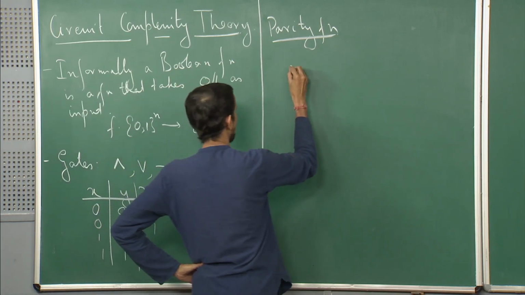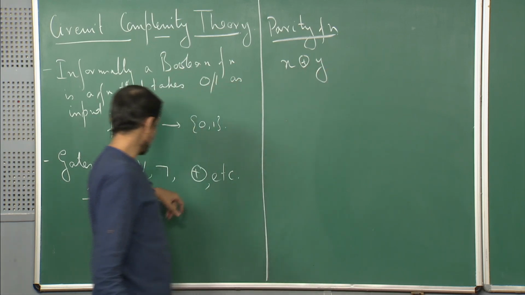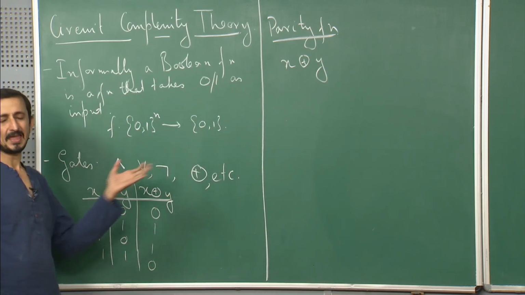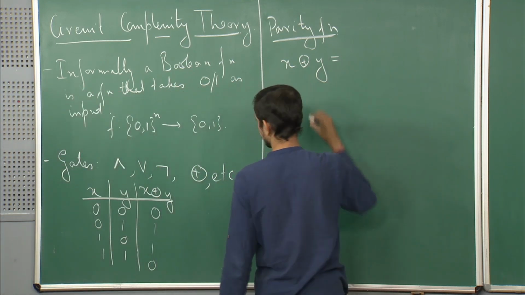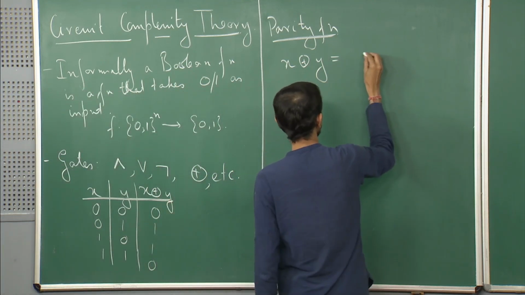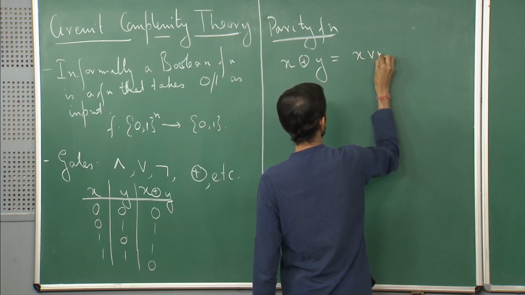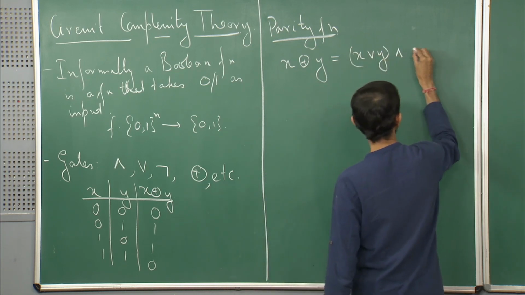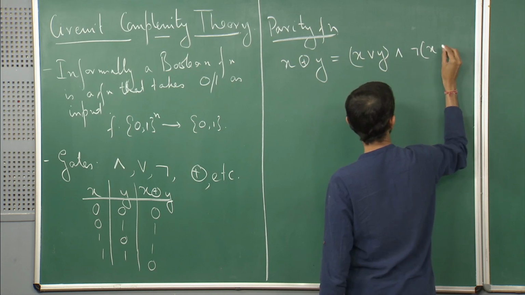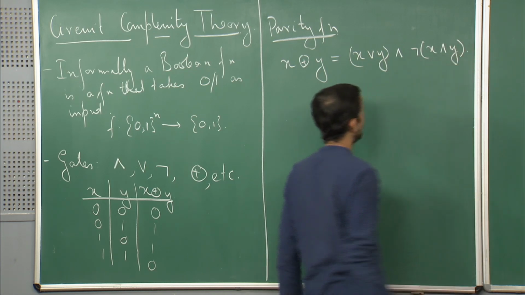But how can I define the parity of x and y in terms of, let's say, AND, OR and NOT gates? One way to define the parity function is: parity of x and y is (x or y) and not of (x and y).